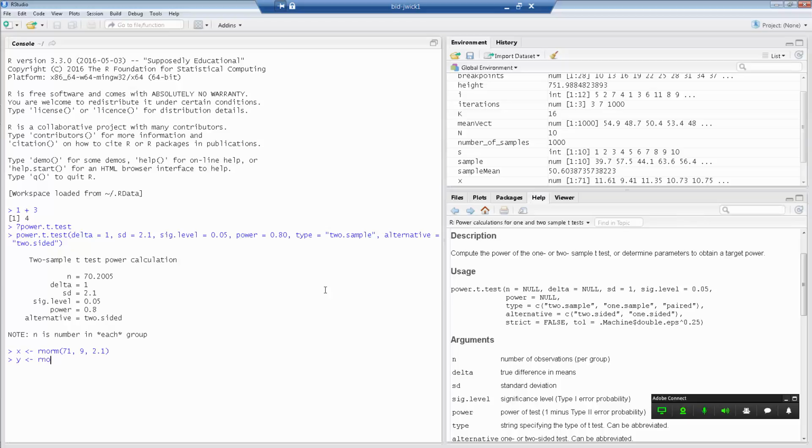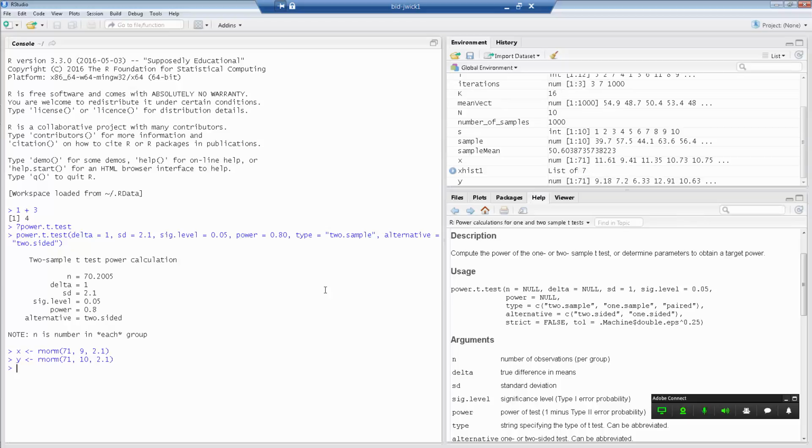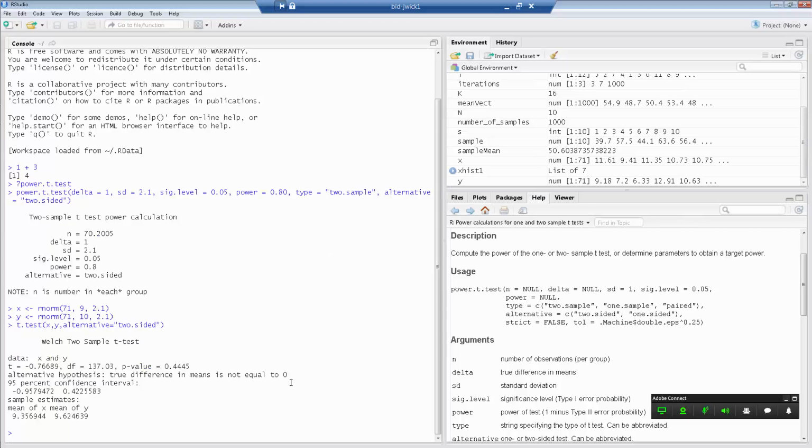And my 71 observations from my placebo group gave me exactly what I expected, a mean of 10 and a standard deviation of 2.1. I can do a t-test comparing X and Y, a 2-sided t-test. And what is my p-value?